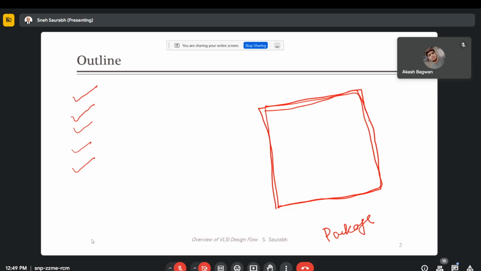So this area is already fixed, and this aspect ratio is already fixed.